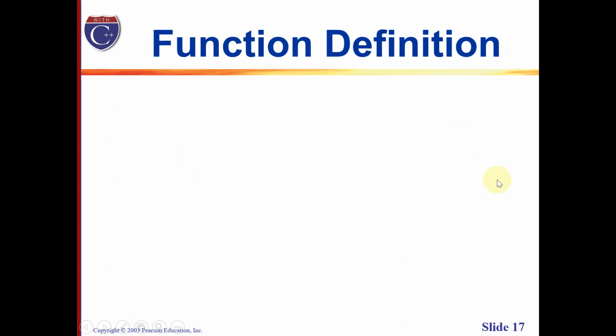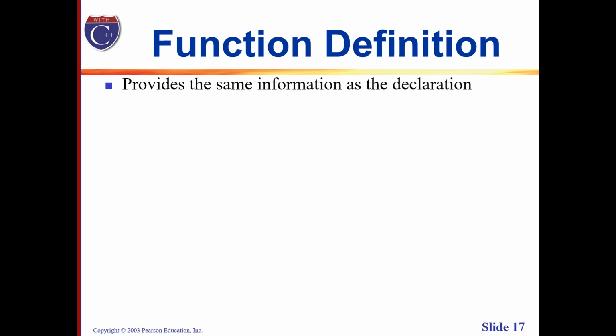Next, let's talk about function definition in detail. If we will recall, what the function definition does is to provide the same information as the declaration, whereas we see the return type, the name, and the argument list of a function.